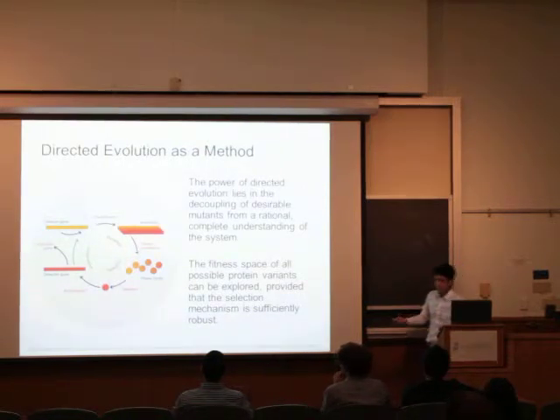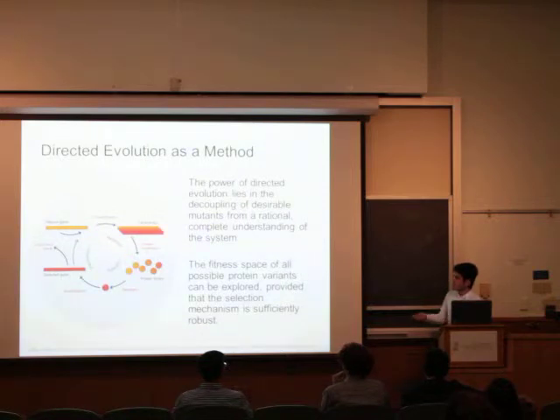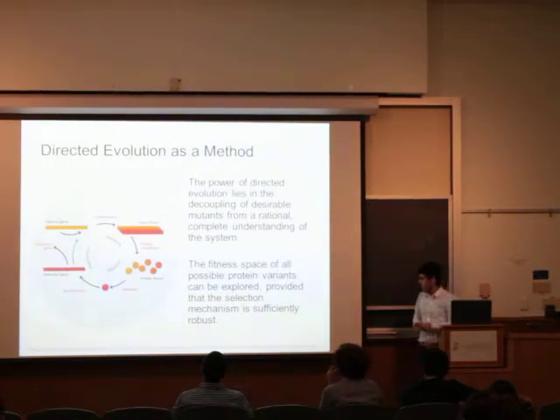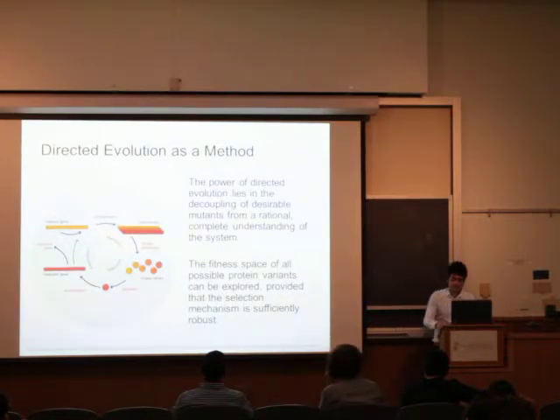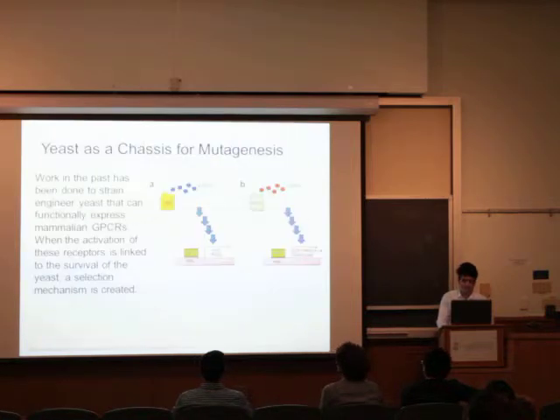By applying a Darwinian selection of some sort, and I'll get to what our selection is, you choose the ones that work the best, and it's an iterative process where those become the template for the next round. The idea is to emulate natural selection, but sped up, since natural selection would take millions of years.